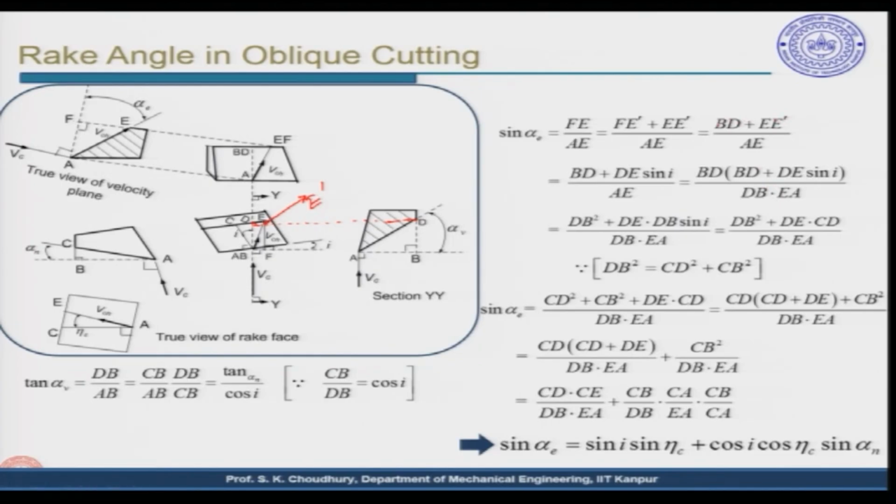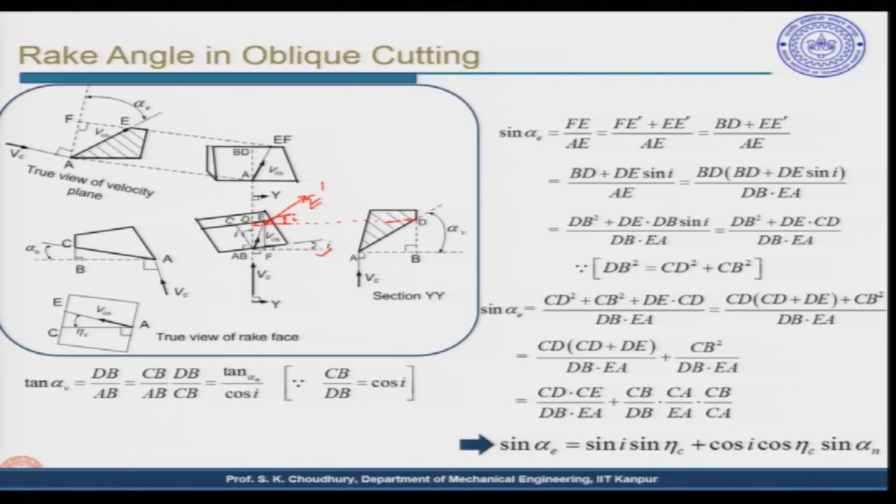This E prime can be represented as DE times the sine of this I, because the angle between this line and this dotted line is I, the tool inclination angle, because this cutting edge is parallel to this. This is the horizontal line, or the line normal to the cutting velocity vector.